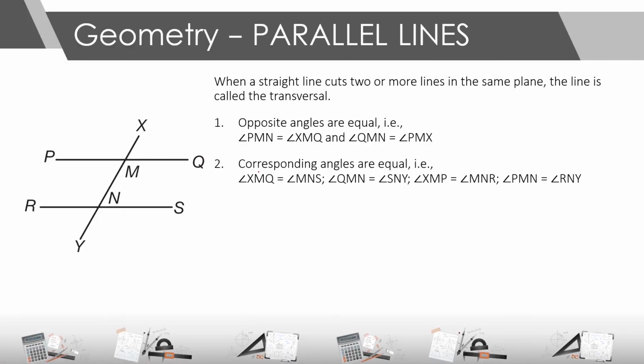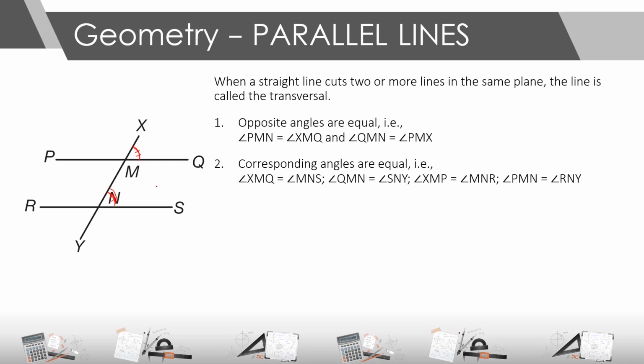The second property is that corresponding angles are equal. Now, what are corresponding angles? If you look at angle XMQ, the corresponding angle to this angle will be angle XNS. How are these corresponding? So, XY is intersecting with PQ and angle XMQ is being created. And in the similar fashion, it is intersecting with RS, and a very similar looking angle is MNS.